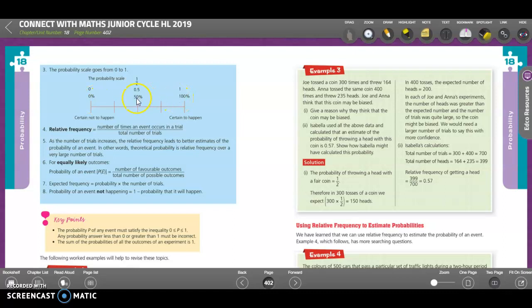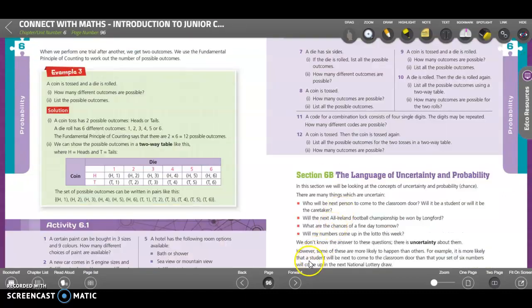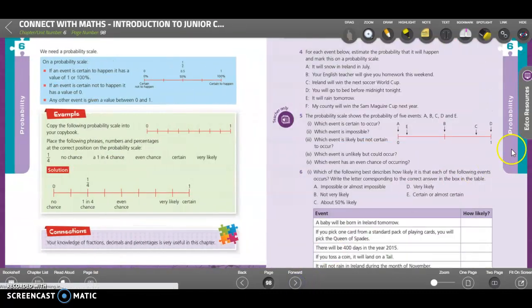Just be careful around using the word impossible and the word certain. So if I jump into a question here in the book. Yeah, so for each event below, mark the probability it will happen and mark this on the probability scale. So it will snow in Ireland in July.